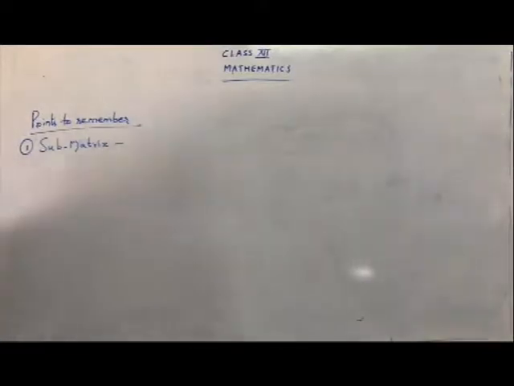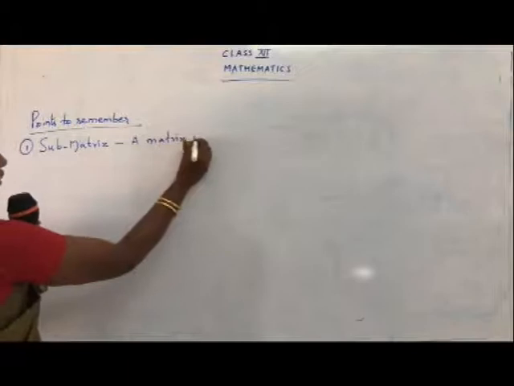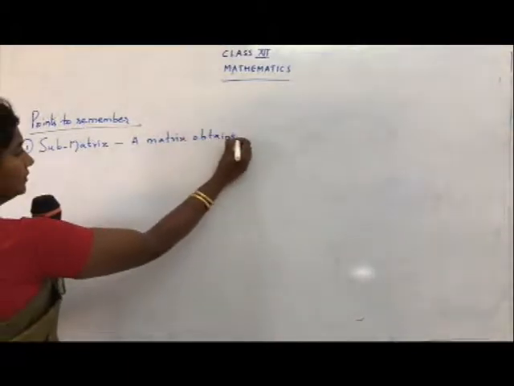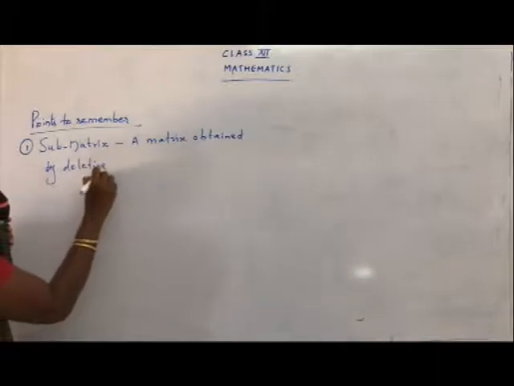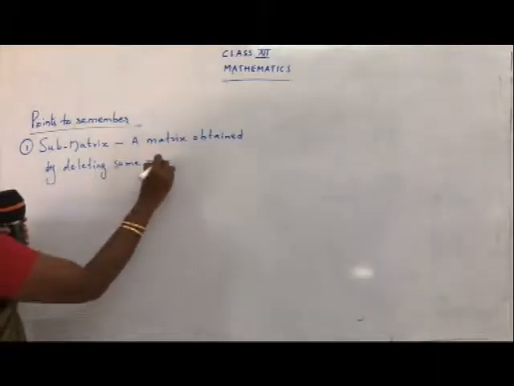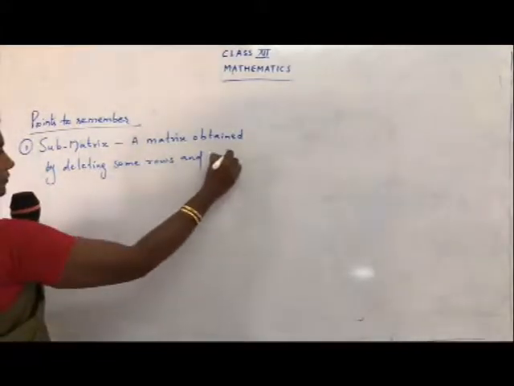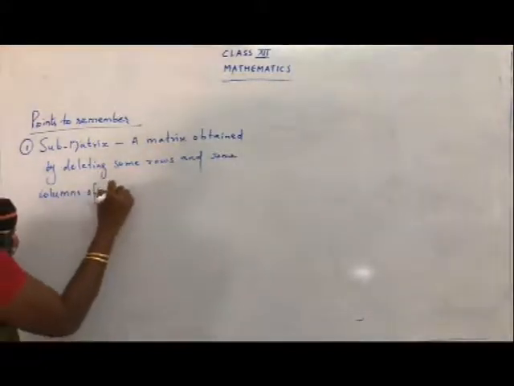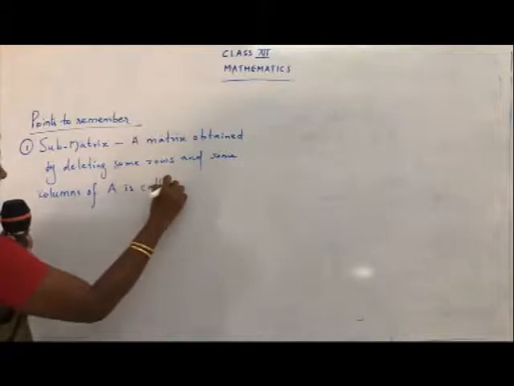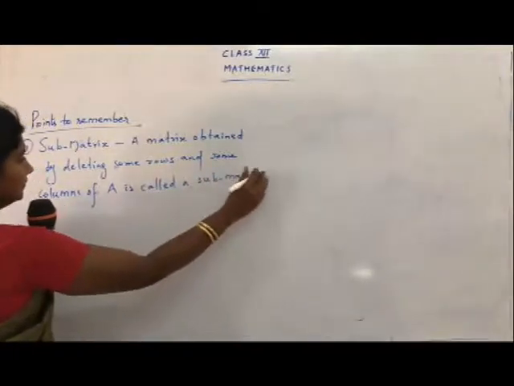A matrix obtained by deleting some rows and some columns of A is called a submatrix of A.